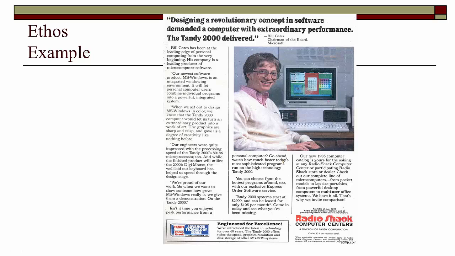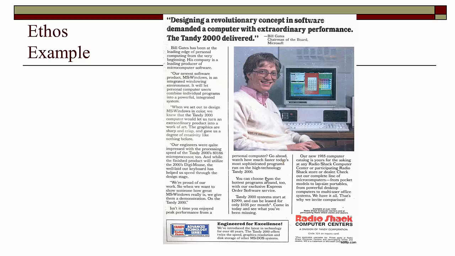This is a Radio Shack ad from the 80s. And we've got Microsoft's Bill Gates saying that the Tandy computer is a great computer to run Microsoft Windows on, that they actually use the Tandy computer in order to design the initial versions of Windows.